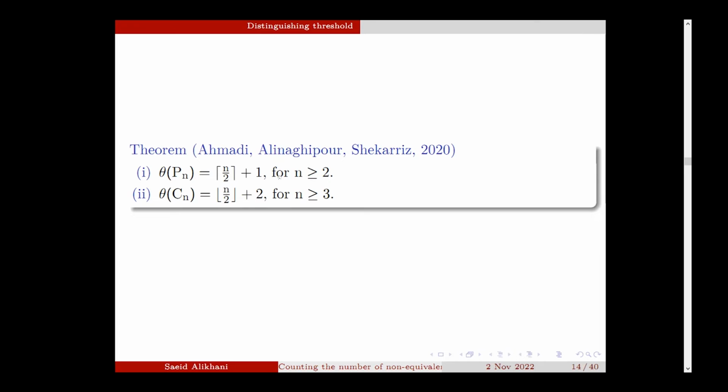In another way, since with ceiling of n over 2 colors there is no distinguishing coloring, theta of Pn is exactly this number that you see here. So for any number k which is greater than or equal to this theta, the coloring of the path with k colors is distinguishing.